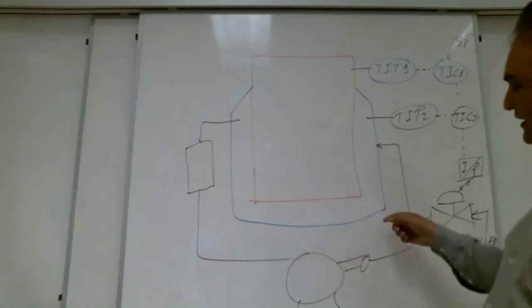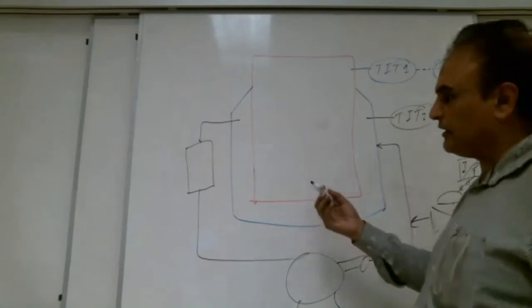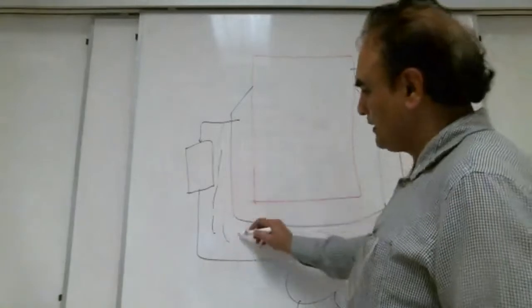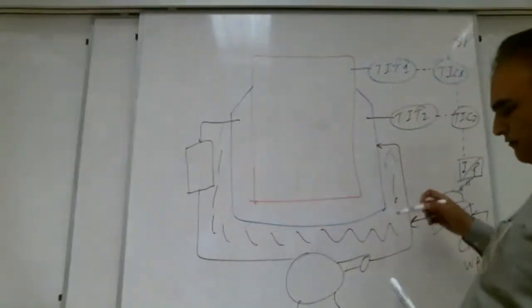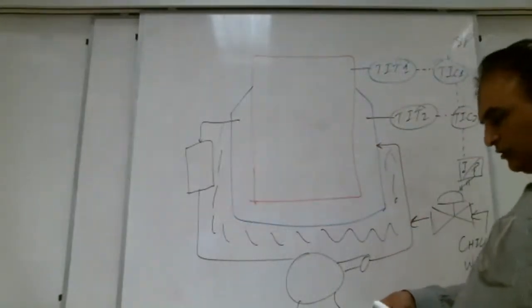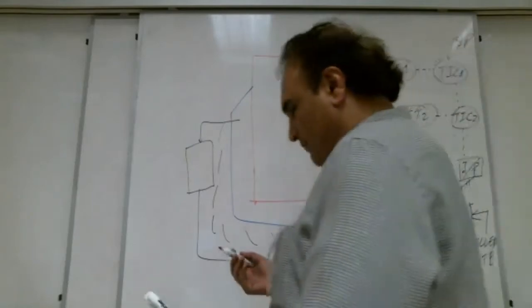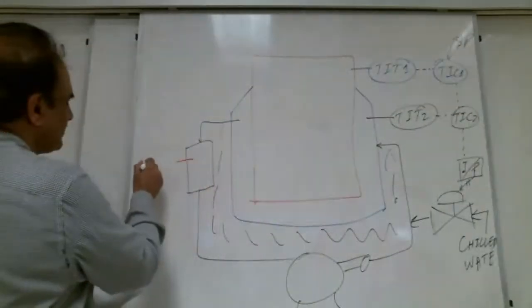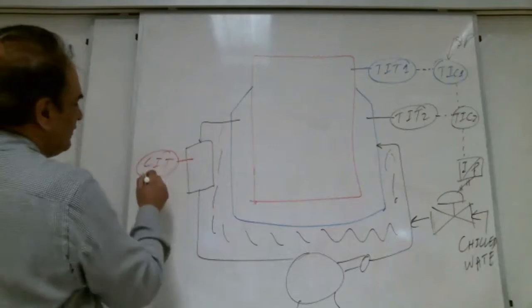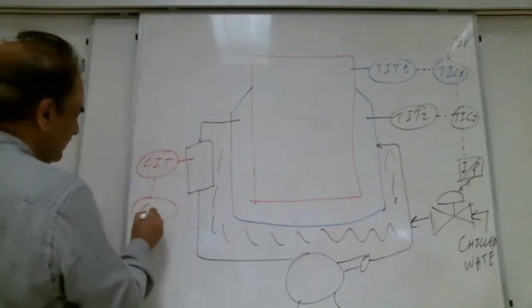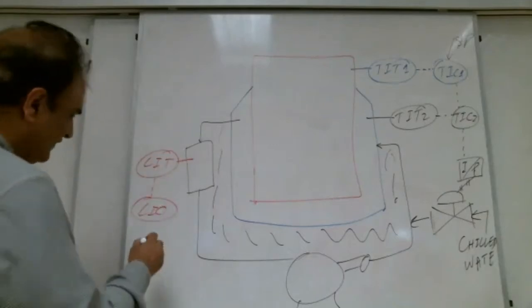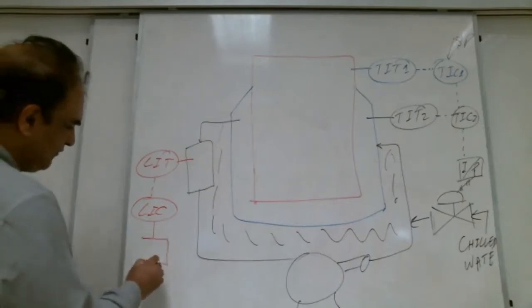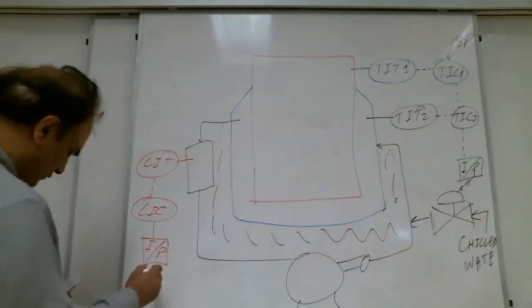Now obviously this jacket has a limit for the water, right Shabab? Maybe 10 liter, maybe 20 liter, maybe 100 liter, whatever, it has a limit. So as soon as the level is increasing, this is level indicator transmitter. It is sending signal to the level indicator controller. And again, we have here I2P converter.